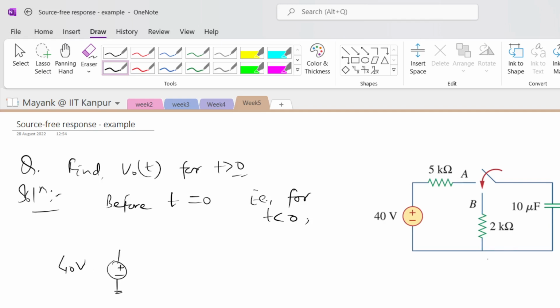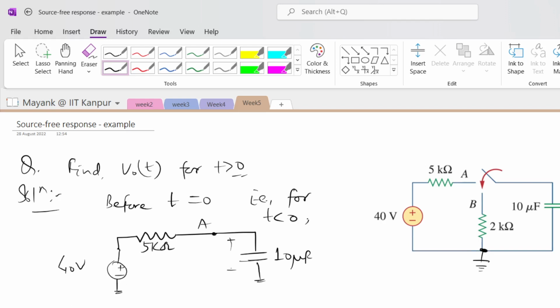It is understood that this point will be counted as the reference. The circuit was like this: a 5 kilo ohm resistance, and this is A, directly connected with the capacitor here. This is 10 microfarad.